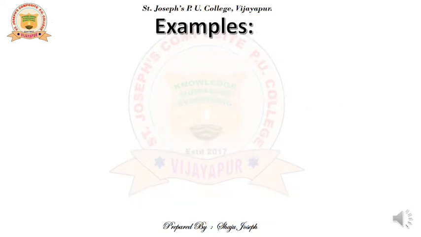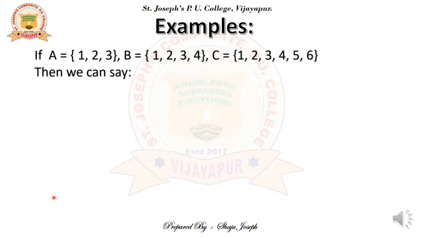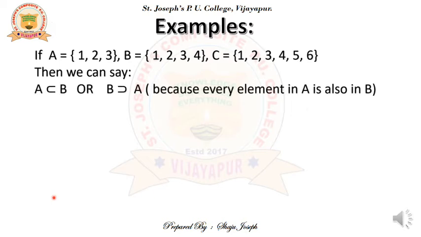Let us see some examples for a better understanding. If A is a set containing 1, 2, 3, B is a set containing 1, 2, 3, 4, and C is a set containing 1, 2, 3, 4, 5, 6. So have a look at the sets and their elements. First, A can be called a subset of B. See the symbol here, C-shaped means subset.